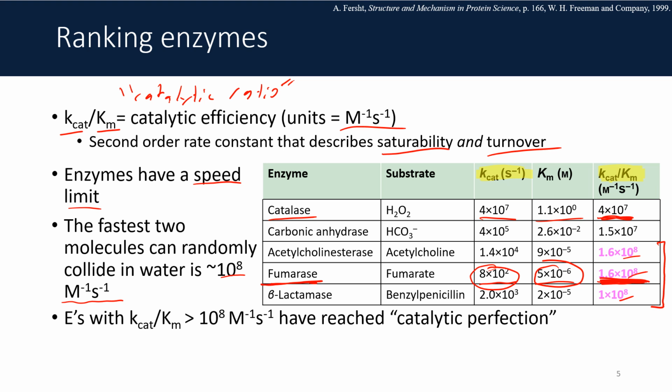If an enzyme is so efficient that it reacts with the substrate faster than the substrate finds the enzyme, then diffusion to the binding pocket becomes the rate limiting step, not the actual chemistry. We call this a catalytically perfect enzyme. Another word for this is diffusion limited.